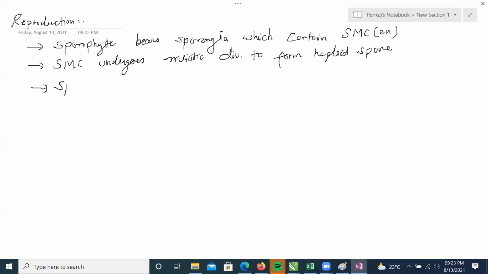Now, the spore after liberation germinates to form prothallus.